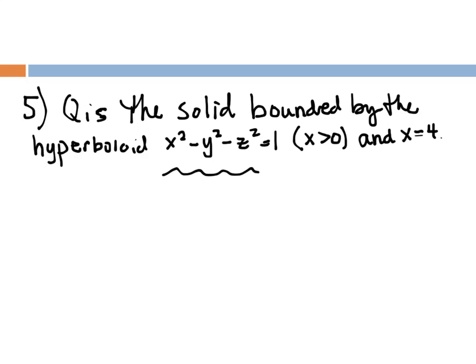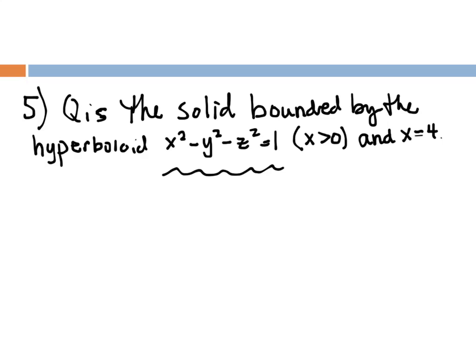This equation right here, when I'm making my decision, I have to decide which variables to replace with r and theta. What's weird about this, though, is that I have two negatives, correct? I don't have an x squared plus a y squared or an x squared plus a z squared. So what am I going to have to do? There is something that we can do to fix that, so to speak.